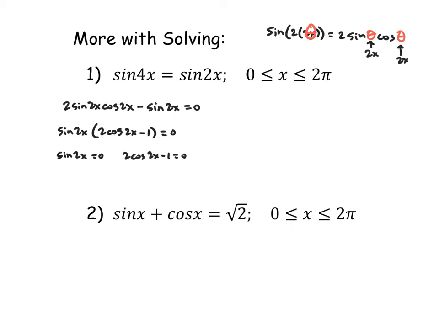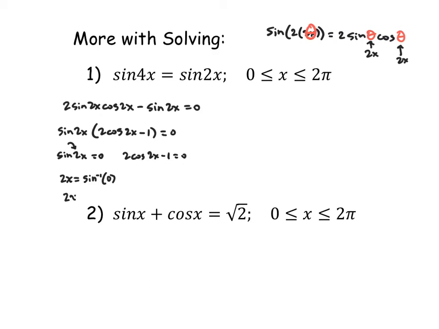Because we're going to double the number of solutions when we have a 2 inside that function. So where does the sine equal 0? So let's see this. 2x is equal to the inverse sine of 0. Well, where is sine equal to 0? Sine is equal to 0 in quadrants 1 and 4 at 0 only.